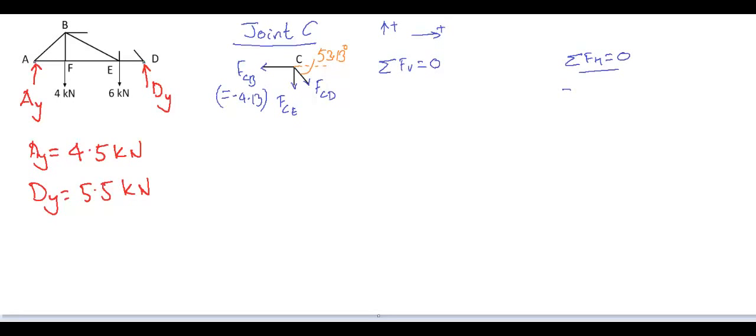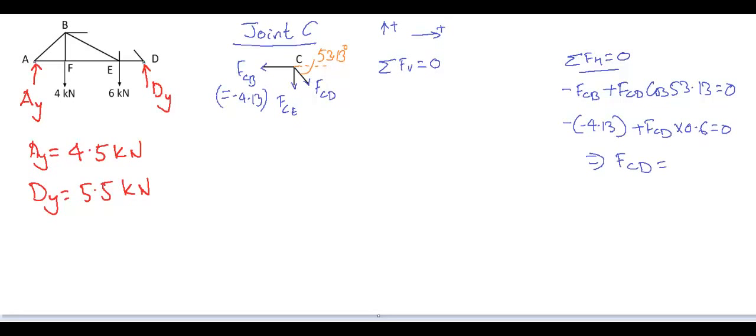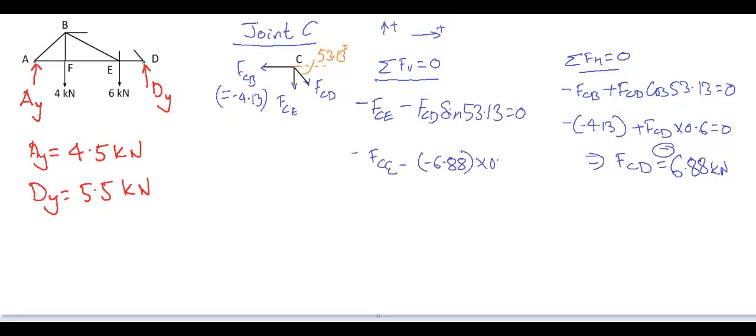With summation of force in horizontal direction equals 0, we get minus FCB plus FCD cos 53 equals 0. Substituting the value, we get FCD equals 6.88 kN negative, which is compression. And now moving to the vertical force equals 0 equation, minus FCF minus FCD sin 53 equals 0. Substituting the value, we get FCF equals 5.50 kN positive.